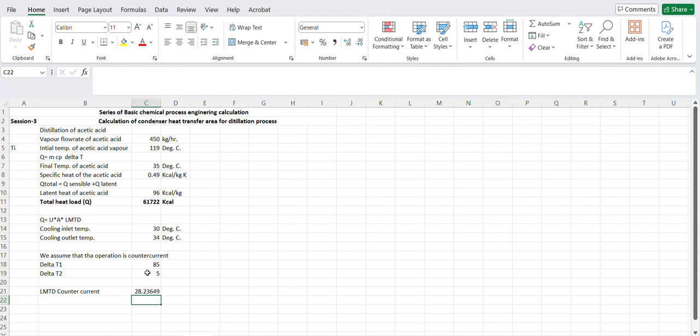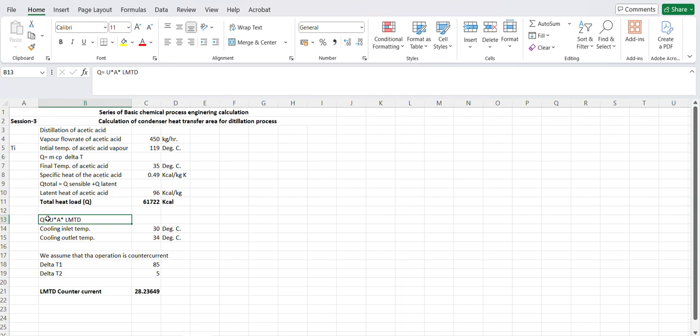Okay, that is the log mean temperature difference. We got LMTD. Now we have Q, and we have U. That means we have a couple of parameters, the heat transfer area and U, the overall heat transfer coefficient, both unknown entities.